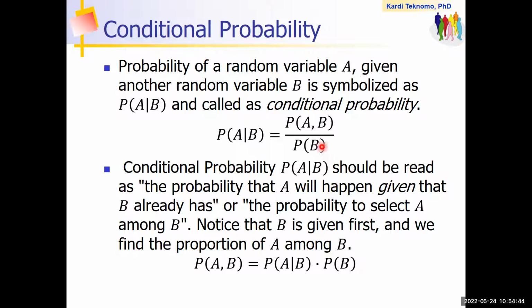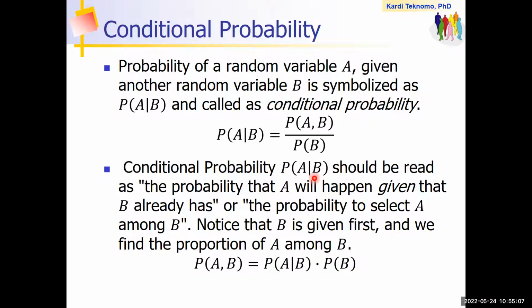If I multiply this one and this one, I get the joint probability. So if I have a joint probability, I can always write it as the conditional times the bottom one. This is called the multiplication rule.